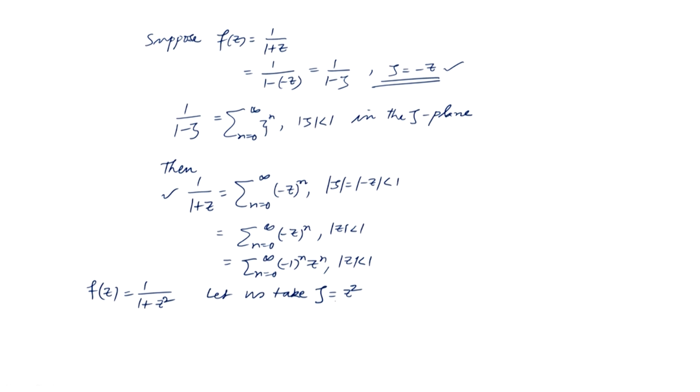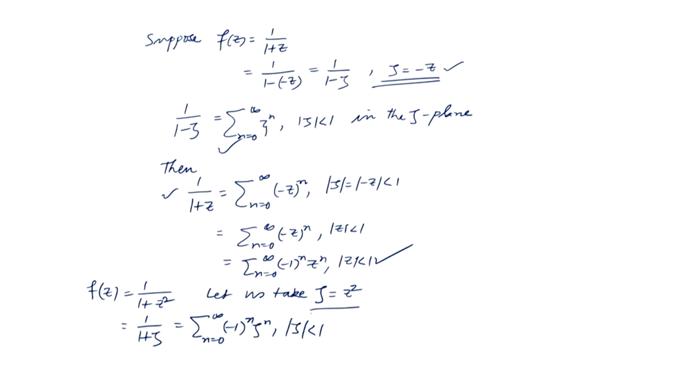Then f(z) is equal to 1 over 1 plus zeta, which is, by making use of this expression, sigma n equal to 0 to infinity (-1)^n zeta^n, where |zeta| < 1. We have just now seen 1 over 1 plus z can be written as sigma n equal to 0 to infinity (-1)^n z^n, |z| < 1. So, using this we can write 1 over 1 plus zeta equal to sigma n equal to 0 to infinity (-1)^n zeta^n, |zeta| < 1.